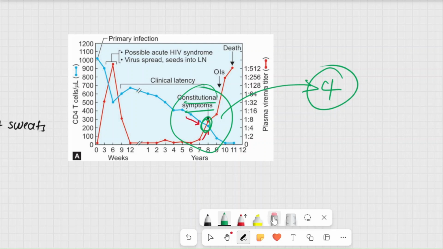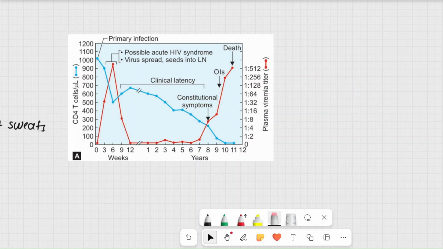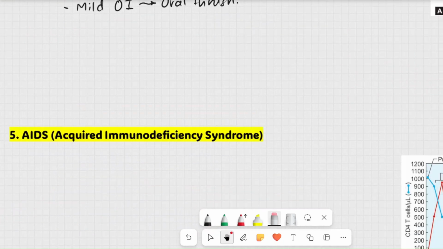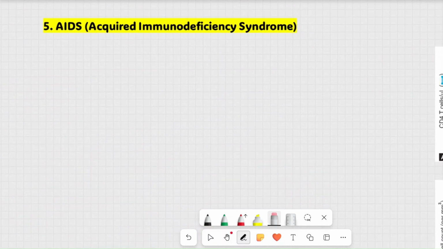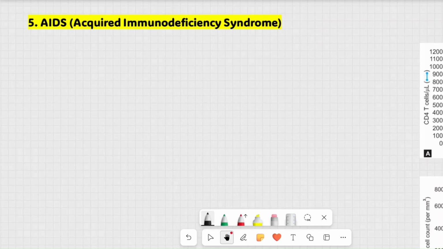Understood this graph? Now let's move on towards the last stage, the ultimatum, that is AIDS, acquired immunodeficiency syndrome, guys. This is considered to be the last stage. Everyone of us knows, yes.